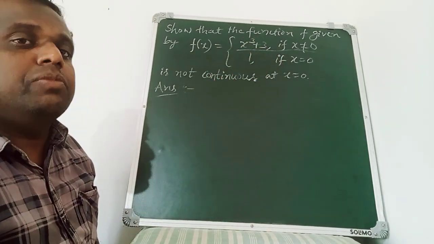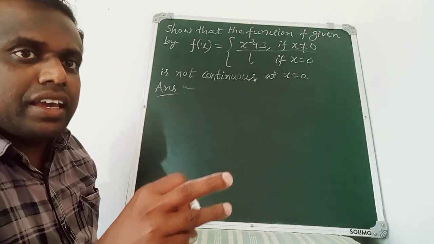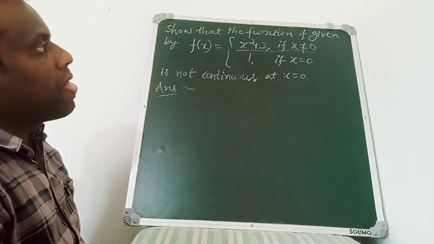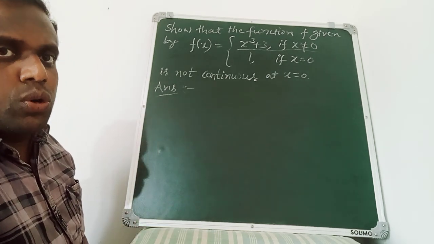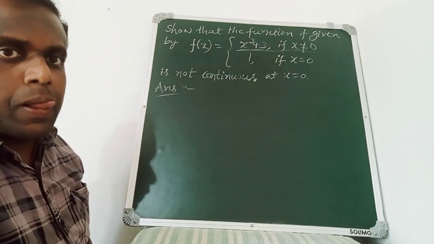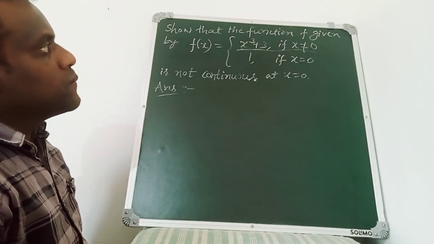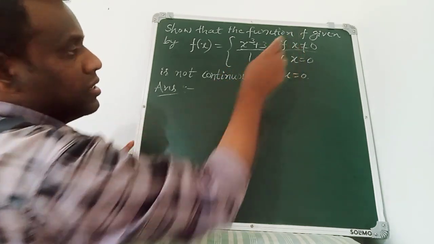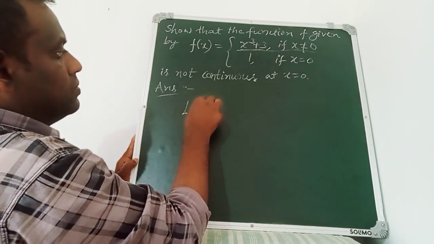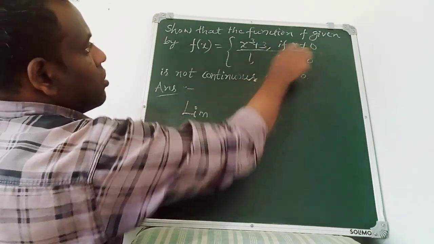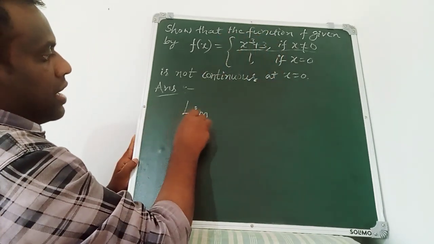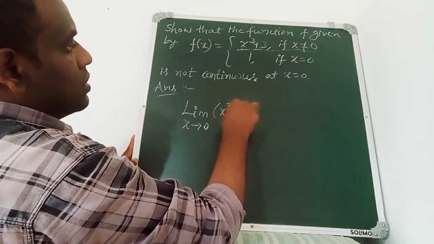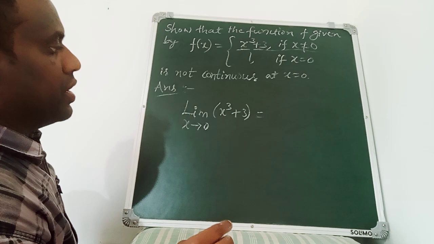That means, till x becomes 0, the function is this. I will write it in limit form like this, then you will understand better. If x is not equal to 0, it is this. So the limit as x tends to 0 of this x cube plus 3 is what we have to find.